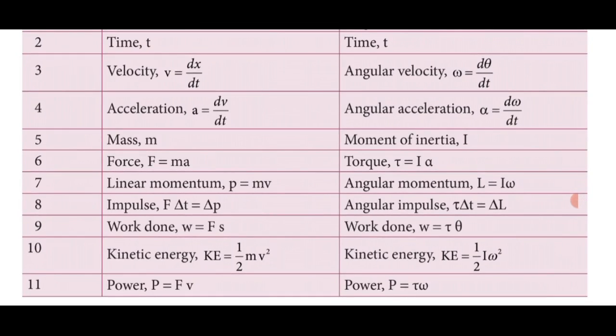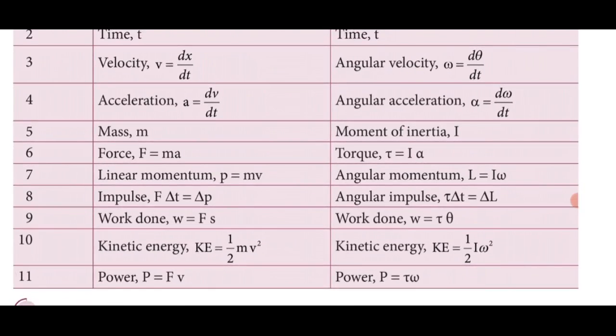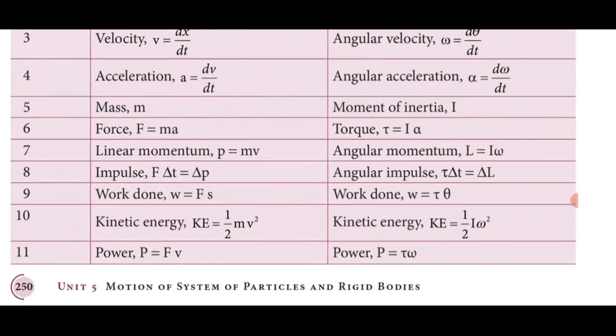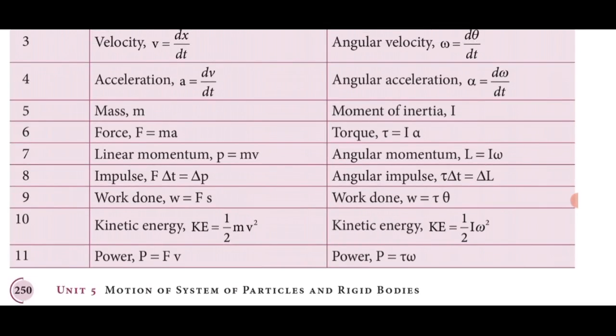In translational, mass is m, but in rotational it is the moment of inertia I. In translation F is equal to ma, in rotational torque tau is equal to I alpha. Linear momentum P is equal to mv, while angular momentum L is equal to I omega. Impulse F delta t is equal to delta p in translational, and angular impulse tau delta t is equal to delta L. Work done W is equal to Fs in translational, and W is equal to tau theta in rotational.